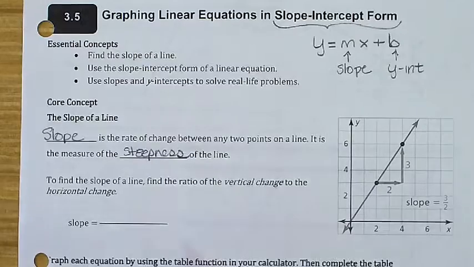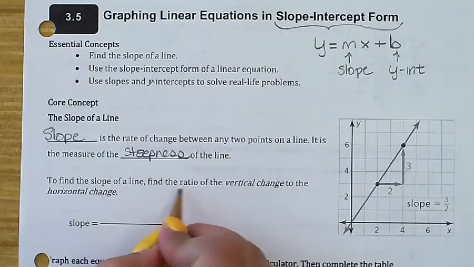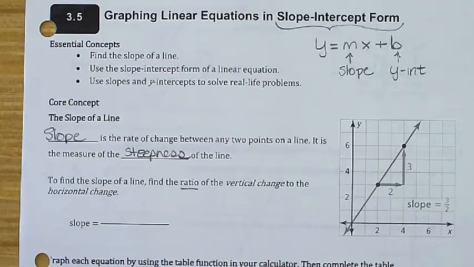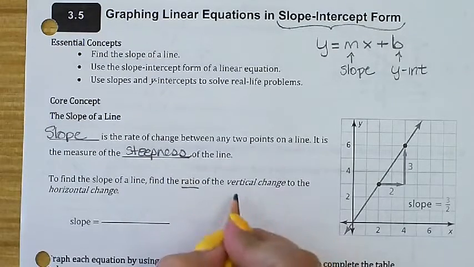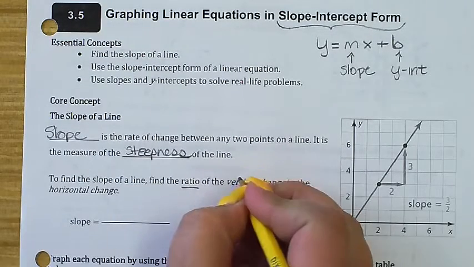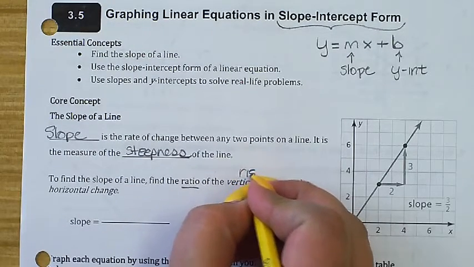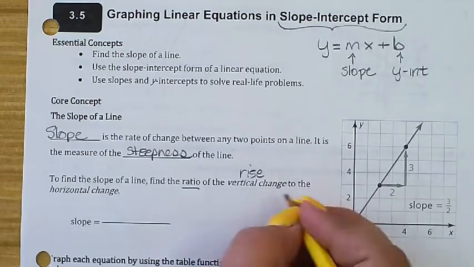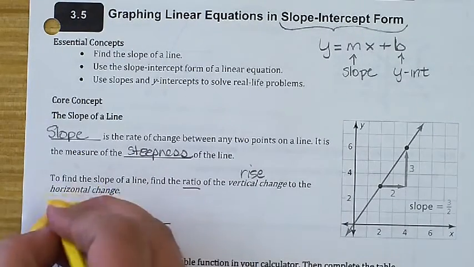Okay, now to find the slope of a line, we write it as a ratio. Remember, that means that we're comparing by division. We find the ratio of the vertical change, also often referred to as the rise of the line, okay, and compare that to the horizontal change.